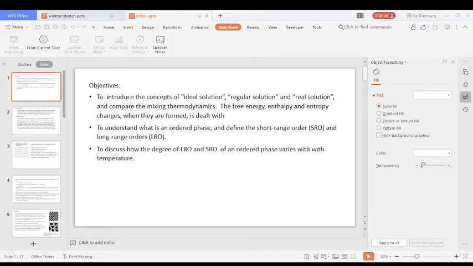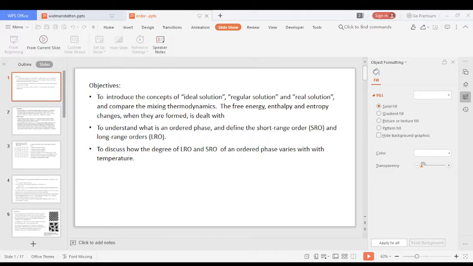And then, to simplify the formulation, we define what is known as an interaction parameter, omega, which is equal to the Avogadro number times Z, that is the number of bonds per atom, times epsilon, the difference in the bond energies.